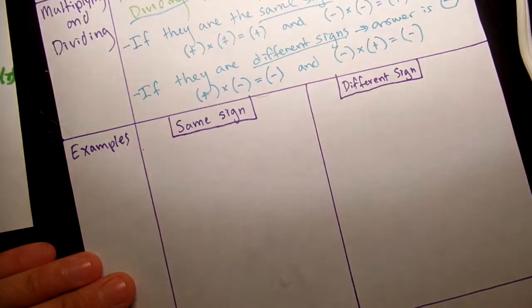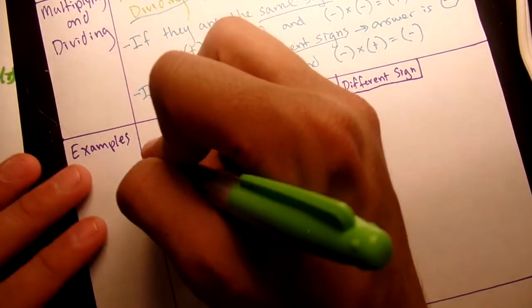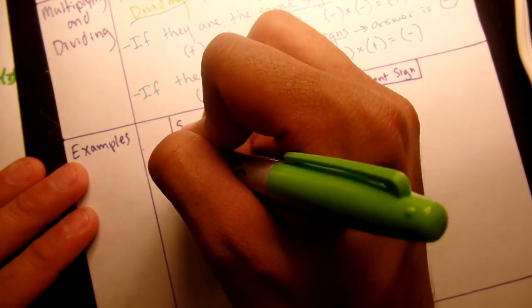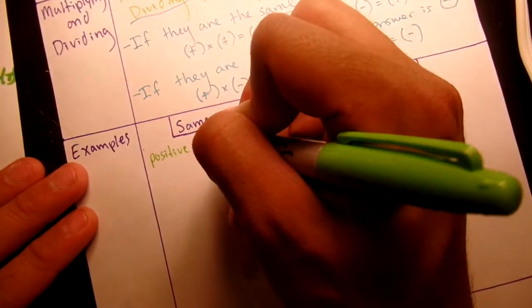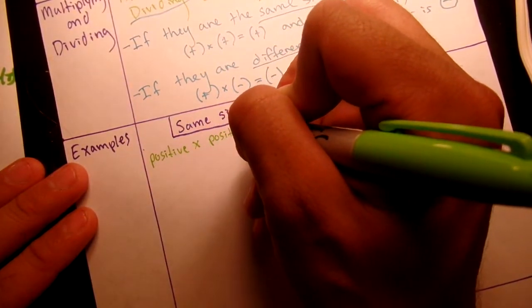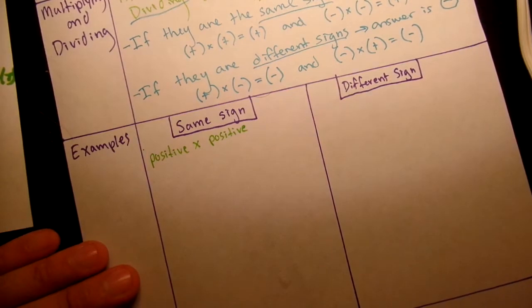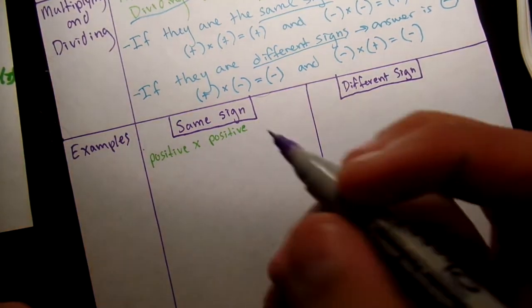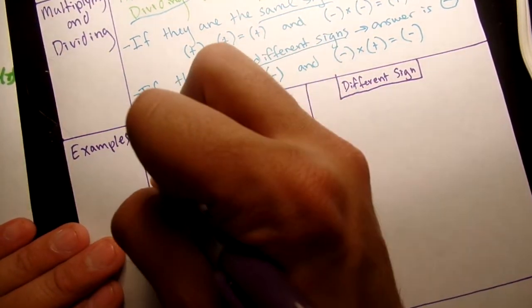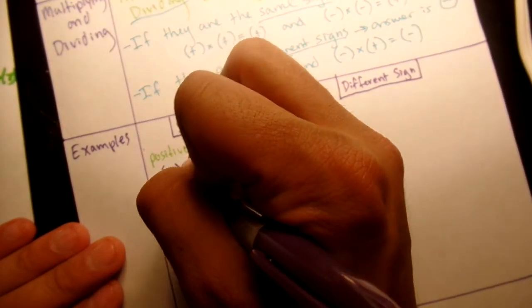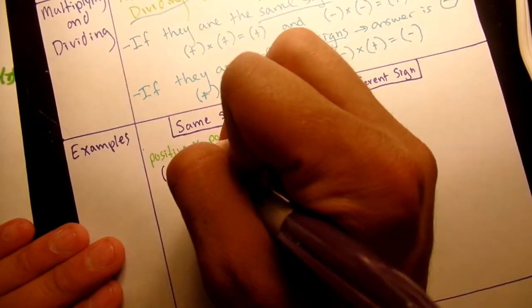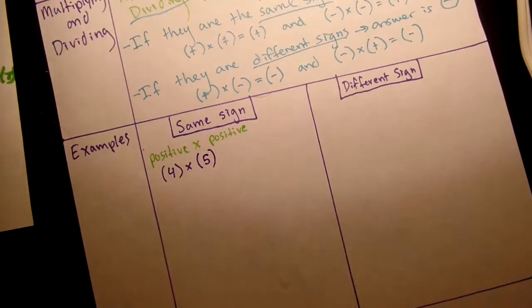Let's look at positive times a positive. Now this one hopefully is kind of obvious, but I want to do it so it helps with the explanation of the other one. Positive 4 times a positive 5. Everyone knows that's 20, but just let me do this.